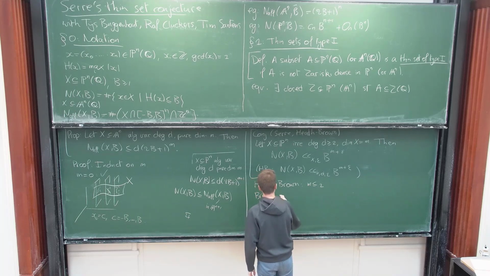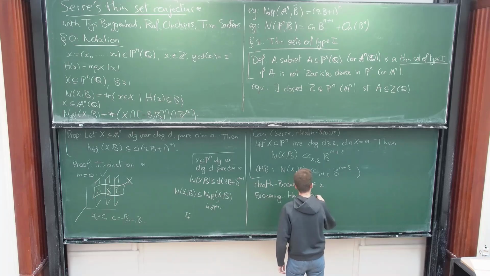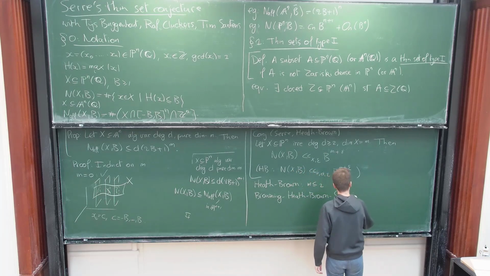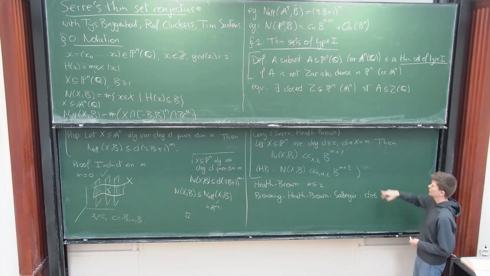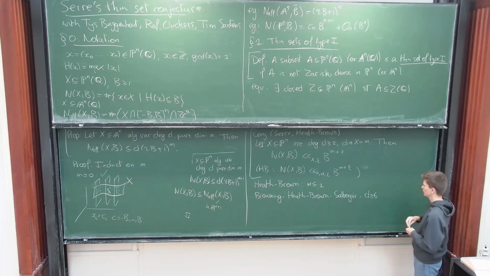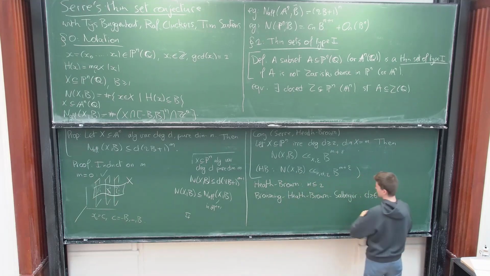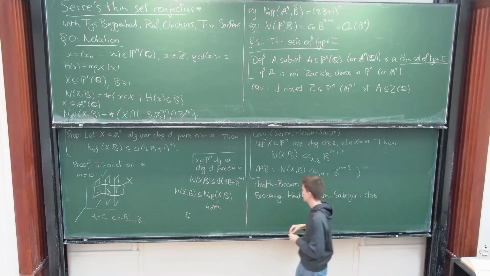And then there's work of Browning, Heath-Brown, and Salberger, when the degree is at least 6, and I will talk later about how we prove this. And both of these theorems are also the uniform version, so it's a bit better.